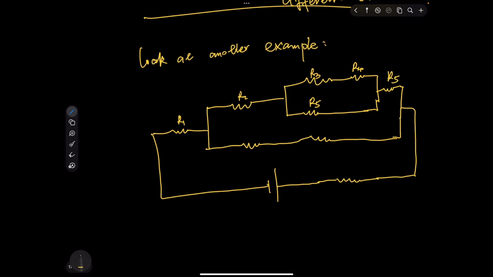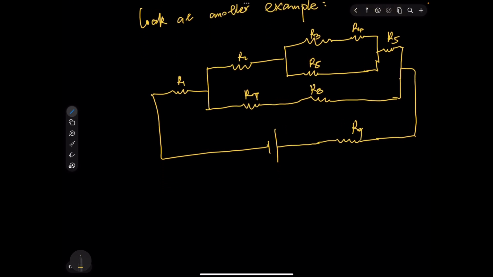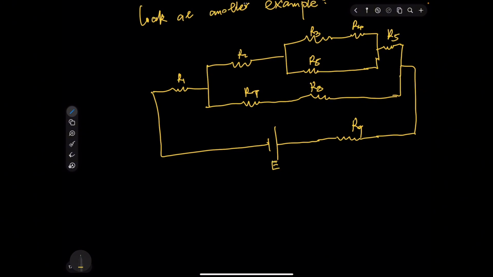Let's label this R5, this R6, R7, R8, R9. And we have the power source E.